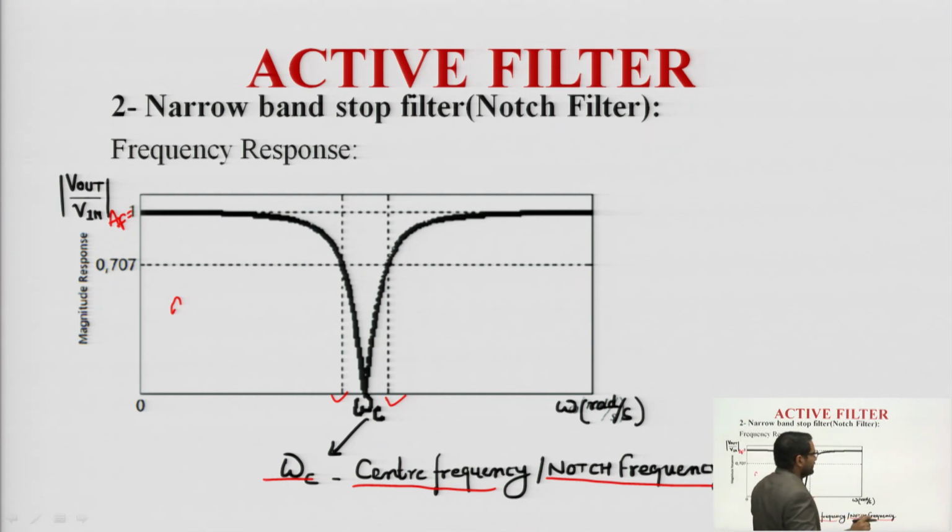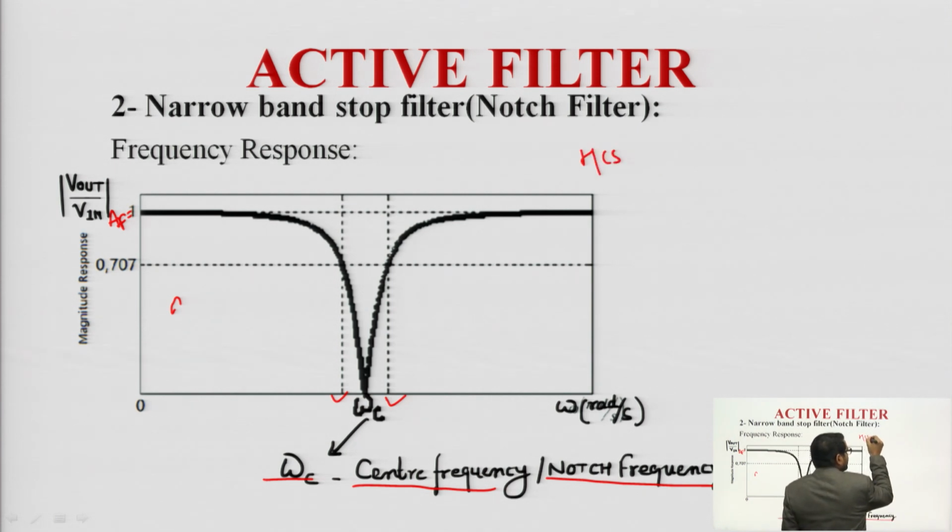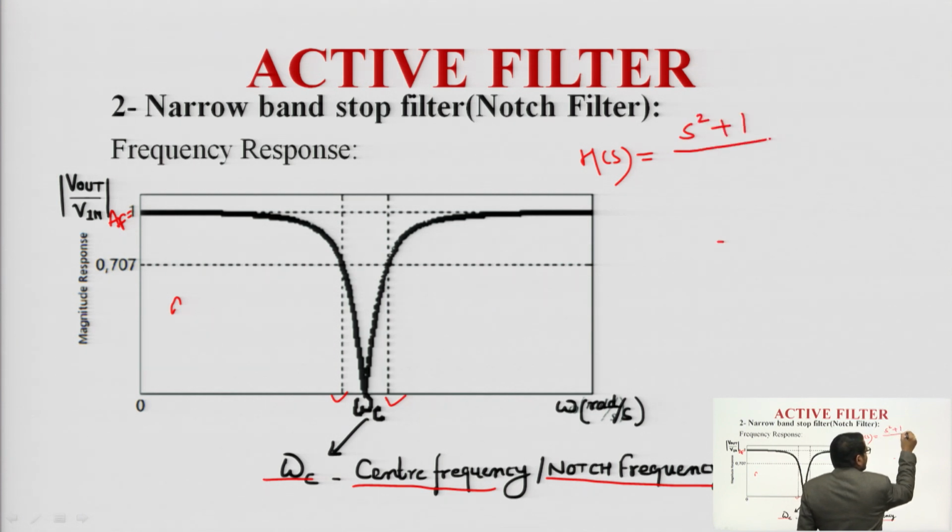And one common thing, if you consider the frequency response transfer function of a notch filter, it looks like S square plus 1. We normalize all the terms. Okay. For 1 minus beta we consider 1, alpha is considered 1, then we get 1 upon R square C square, we consider 1. Okay.